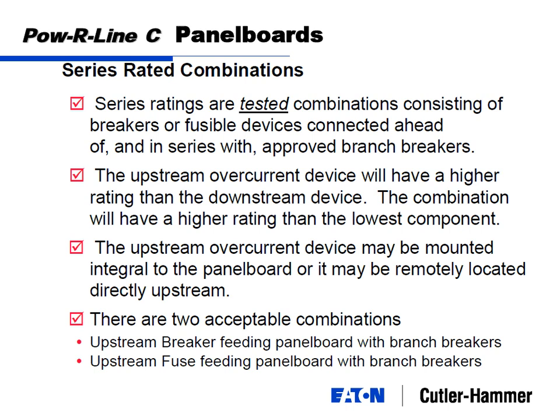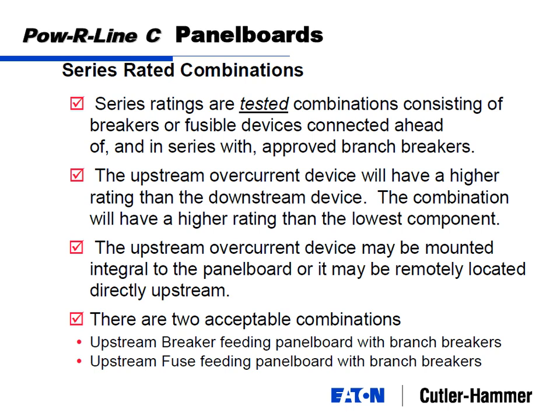But think about it, you only need to buy one upstream device. You're buying multiple downstream devices. Upstream device may be mounted in the panel board or further upstream at the next place, whether that's a switchboard or what have you. And these are the two acceptable combinations of a breaker feeding a panel board or a fuse feeding a panel board.